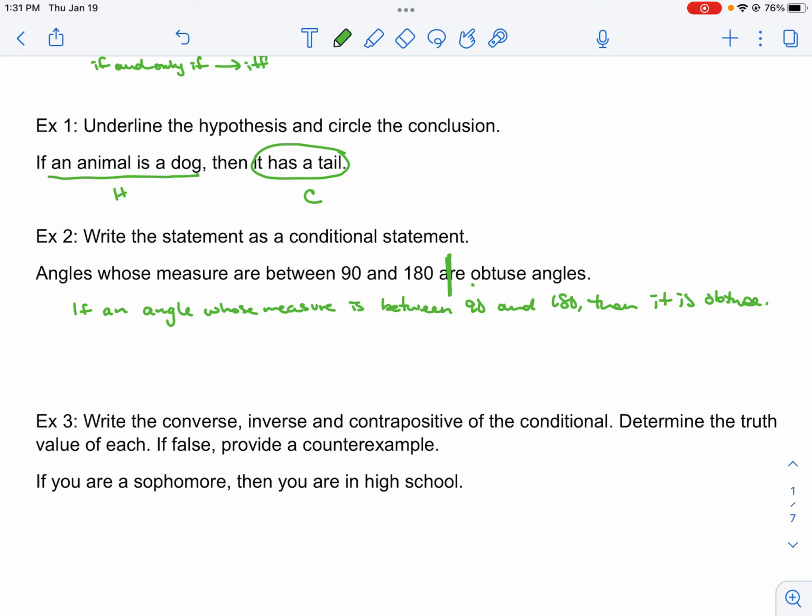Now notice, technically speaking, I went from plural to singular, which isn't a big deal, but just giving you a heads up. So look for that verb, and you have to figure out, because you can have multiple verbs, which one is going to be your split.